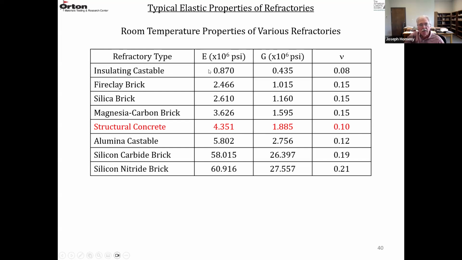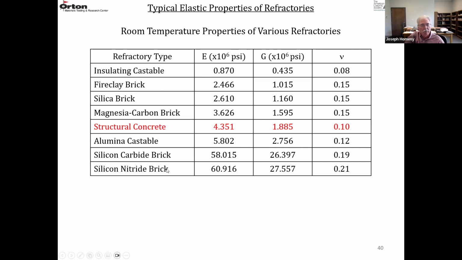So an insulating castable has a great deal of porosity, 0.8 million psi. Fire clay bricks and silica bricks are a little more than 2 million psi. A pretty dense aluminum castable is close to 6 million psi. And then materials like silicon carbide and silicon nitride, they're about 60 million psi.